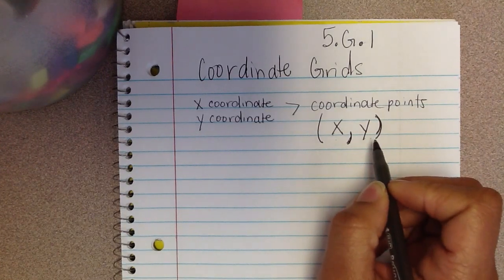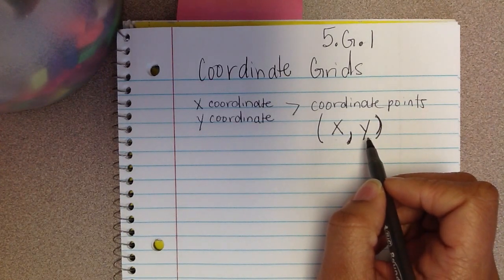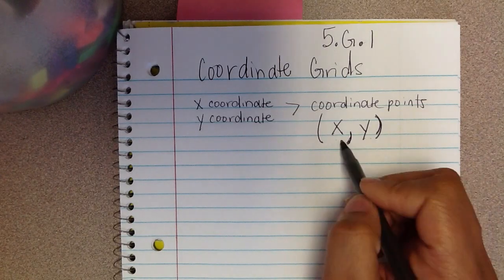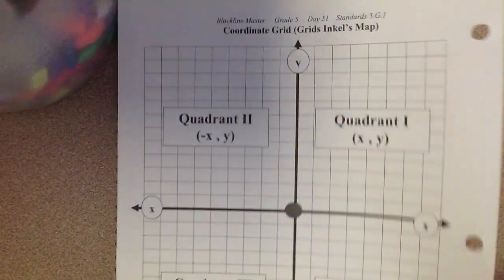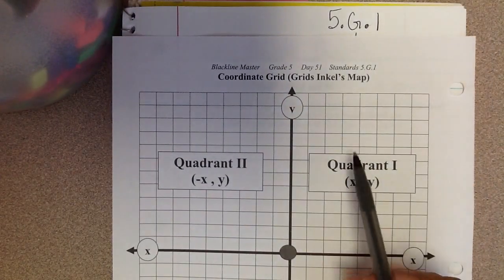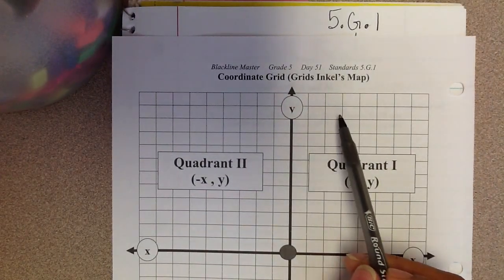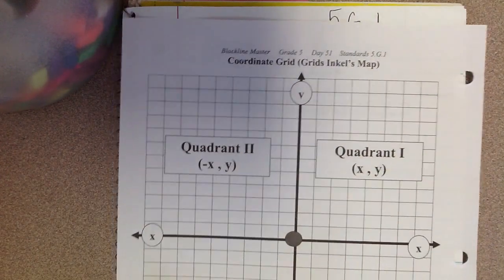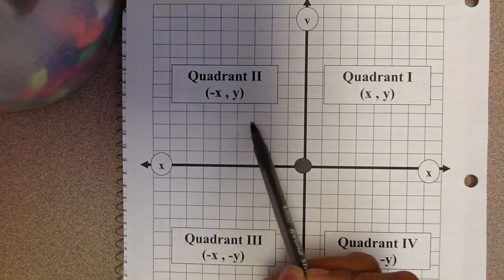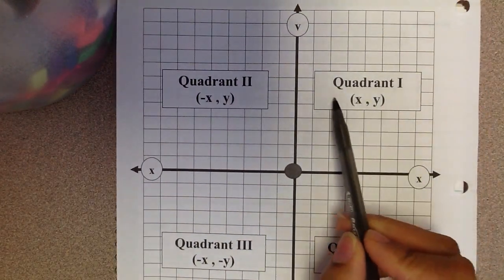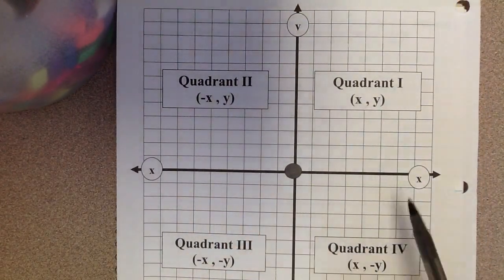Okay? And we'll talk about another way I remember what X is and what Y is on the actual grid. So I want you to look at the coordinate grid equals map page from day 51. And you can see that there's 4 quadrants on a coordinate grid. Now, quad, remember, means 4, so there's 4 of these quadrants.